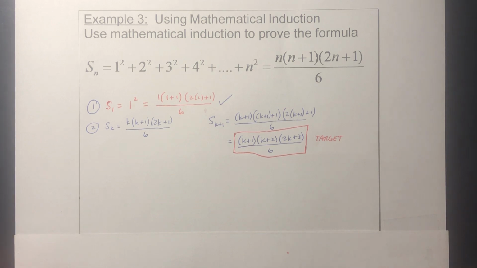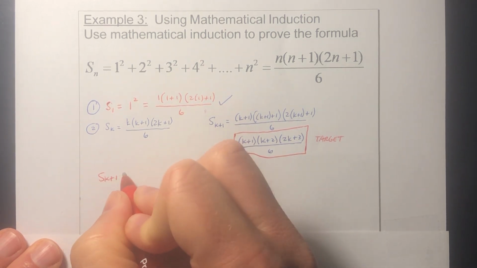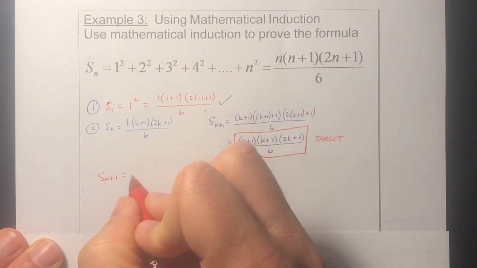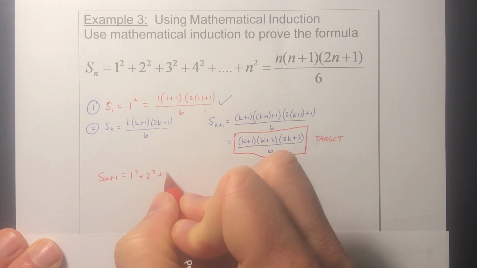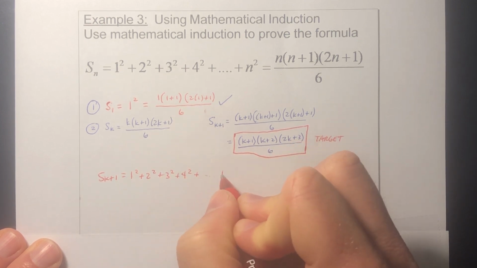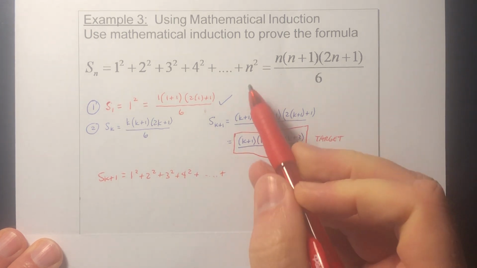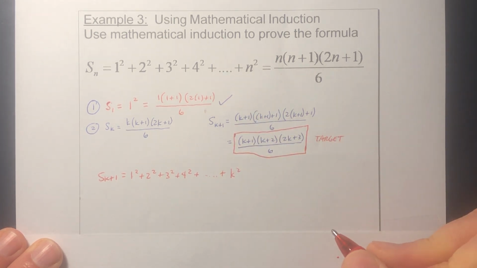Okay? All right, so here's how we prove that. We're going to take our sequence, 1 squared plus 2 squared plus 3 squared and so on. Replace this n with k, so that's your original sequence.